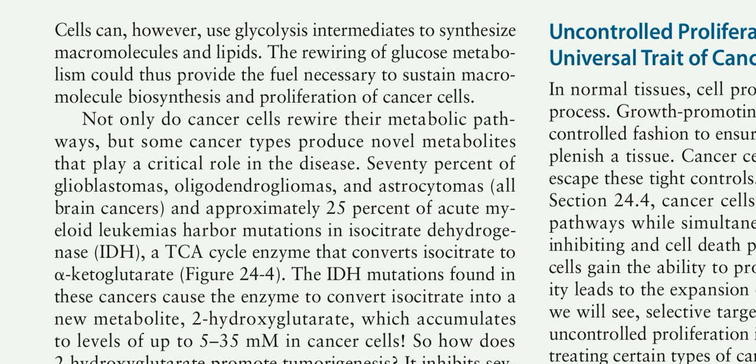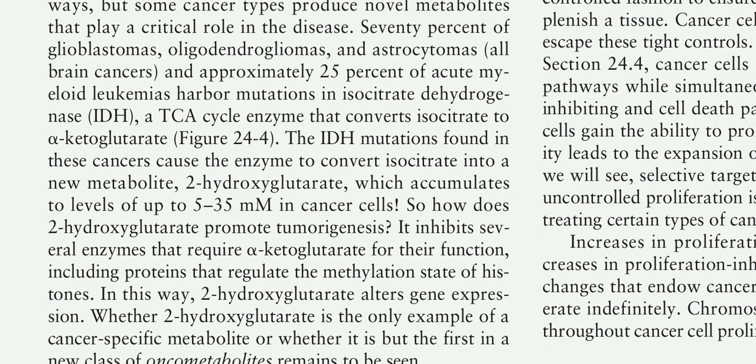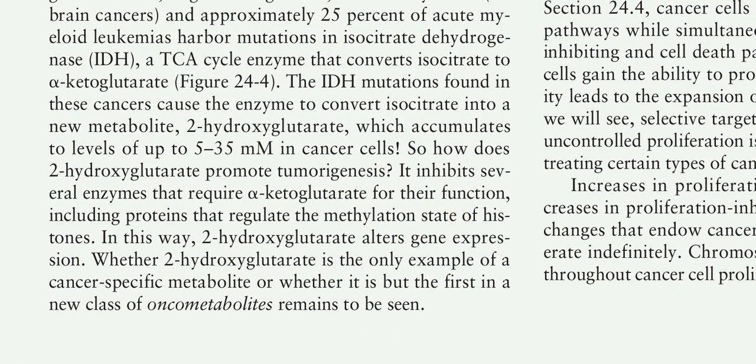The IDH mutations found in these cancers cause the enzyme to convert isocitrate into a new metabolite, 2-hydroxyglutarate, which accumulates to levels of up to 5 to 35% in cancer cells.